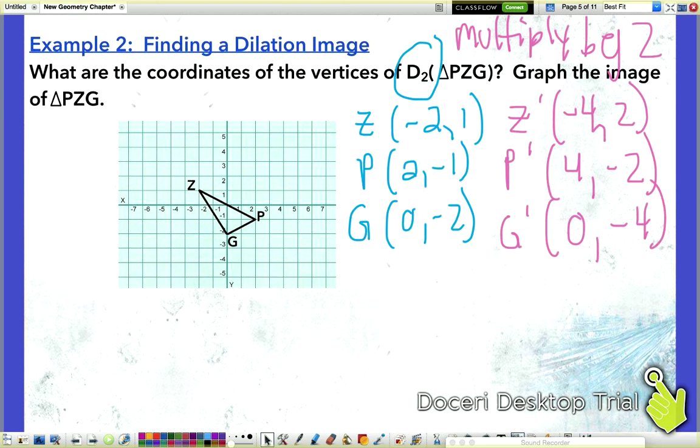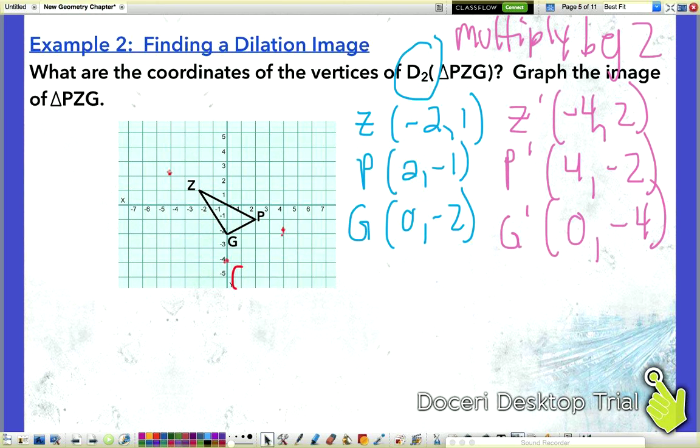Now let's graph that and see what it looks like. See if we're on the right track. -4, 2. Yeah, my dot thing is not going to work. So 4, -2, and 0, -4.